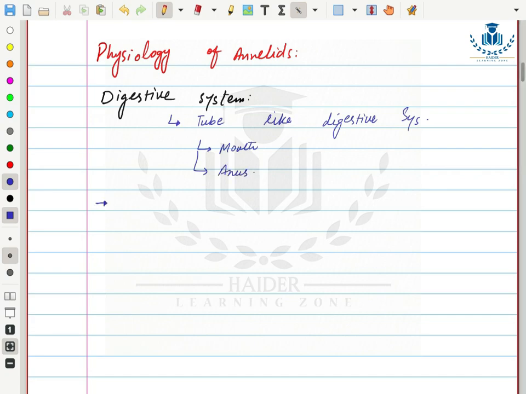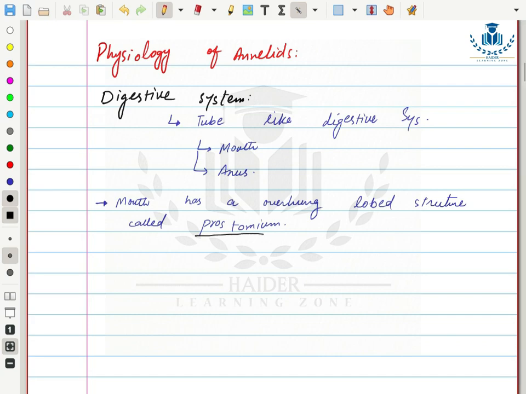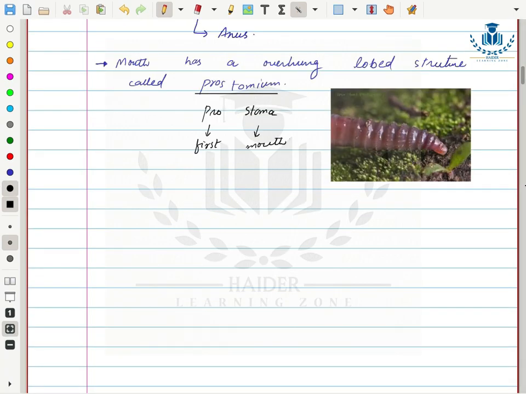And the important structure that is only present in annelids, their mouth has an overhung looped structure called prostomium. Prostomium means, pro means first and stomium derived from stoma means mouth. It is the first part of the mouth. Here you can see that this is the mouth part of annelid, and this overhung looped structure is called prostomium.